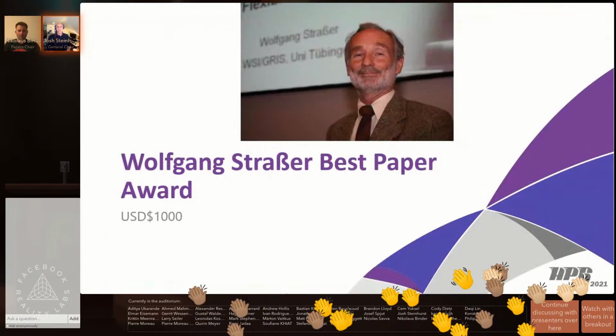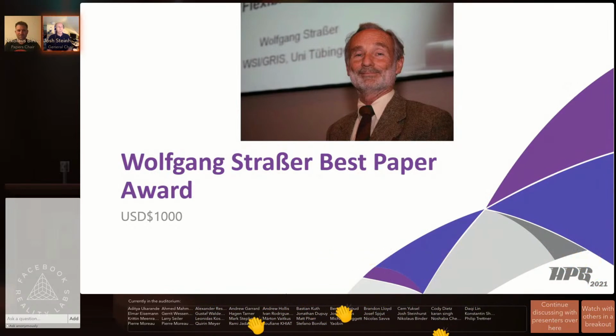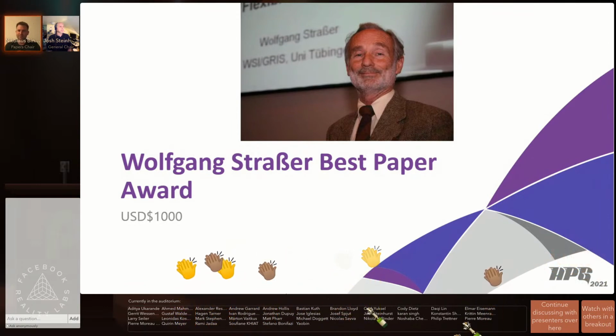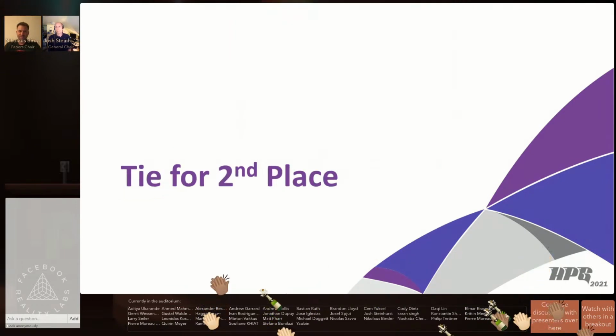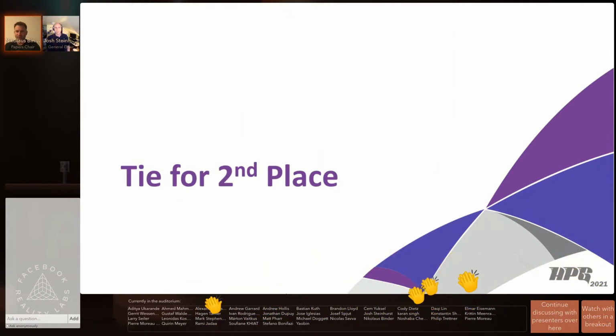And that brings us to one of the more exciting parts of our closing each year. Exactly. So let's start with this year's Wolfgang Strasser Best Paper Award, worth $1,000. The results were extremely close, and therefore we have a tie for the second place.